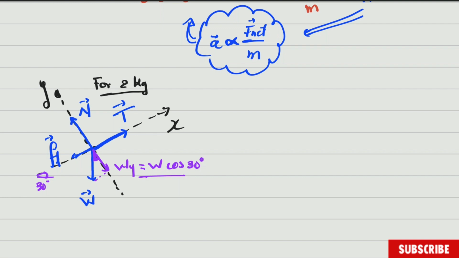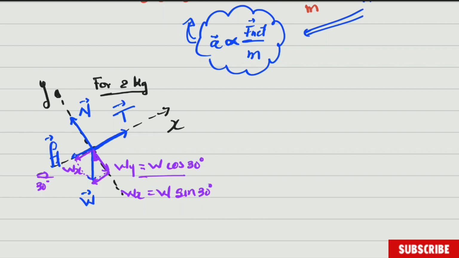We're going to need it a little bit later. And then the weight will also be projected to the x-axis, and here you will have weight in x, but it's also going to be here if you add the vectors properly. That one is weight in the x-axis, which is equal to weight multiplied by sin 30 degrees, guys.